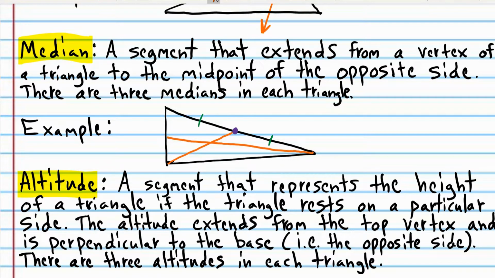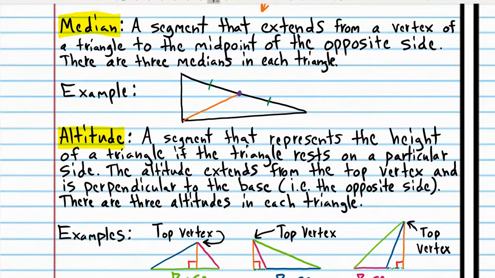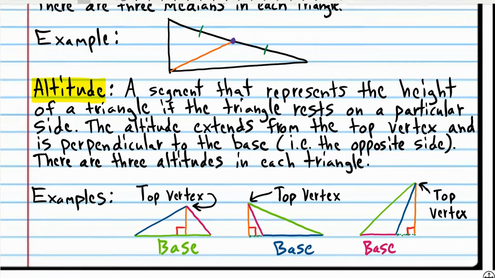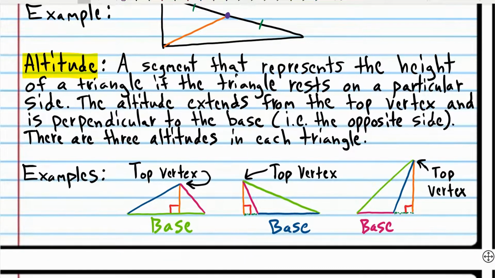That's a second median. And we have a third median start at this corner and go to the midpoint. It's supposed to be a straight segment there. So there are three medians for every triangle. And don't worry, I'm going to go back to all these and give you a chance to take a screenshot.